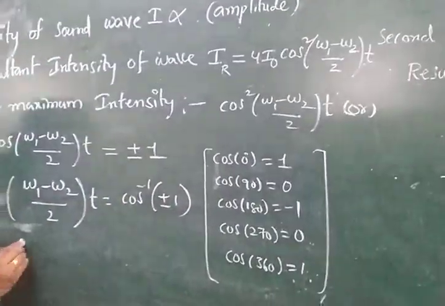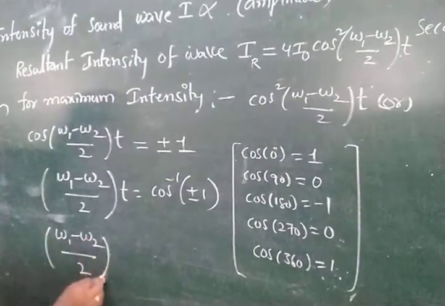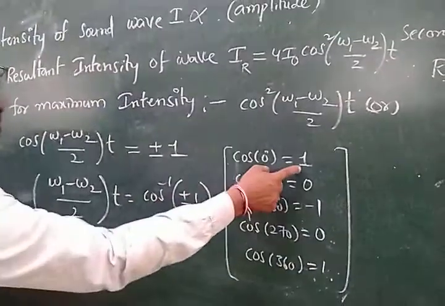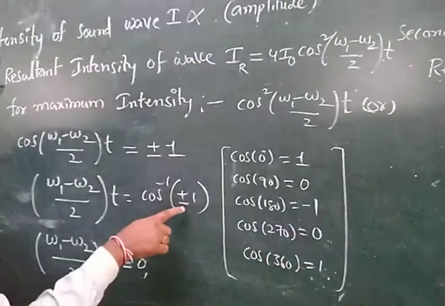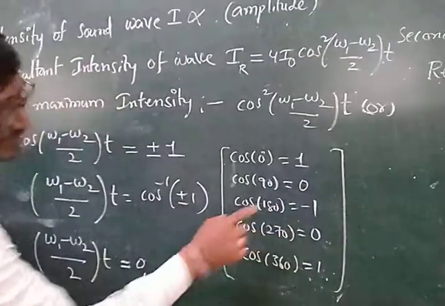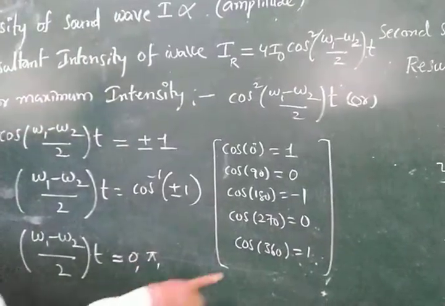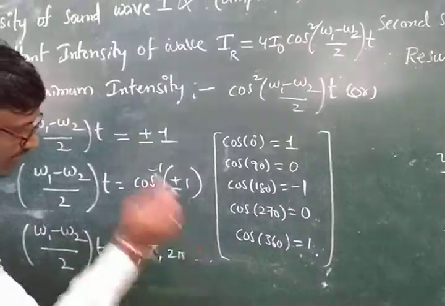So (omega 1 minus omega 2) by 2 into t is equal to the cos inverse values: cos inverse of plus 1 is 0, minus 1 gives 180 which is pi, and 360 is 2 pi, and so on.